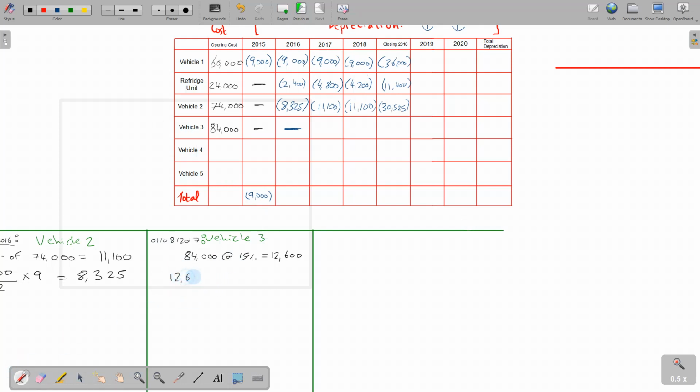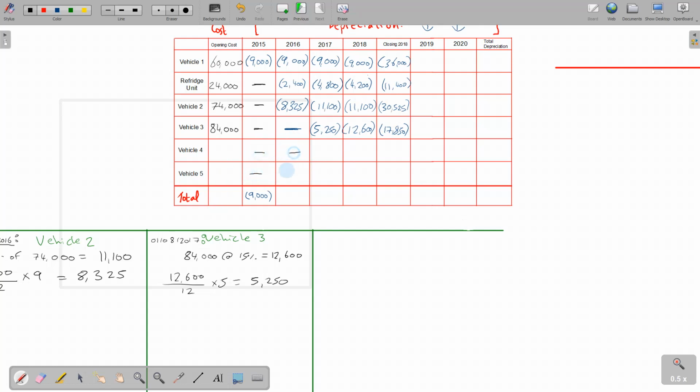So 12,600 divided by 12 multiplied by 5 is 5,250. So you have 5,250 for 17, and then 18 will be the full amount, the 12,600. So that's 17,850.